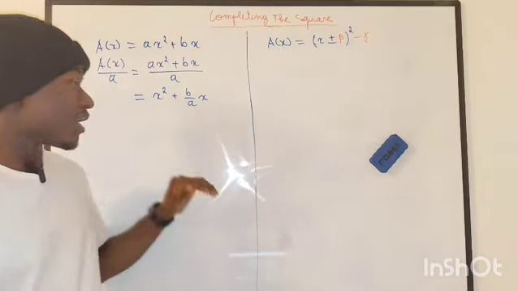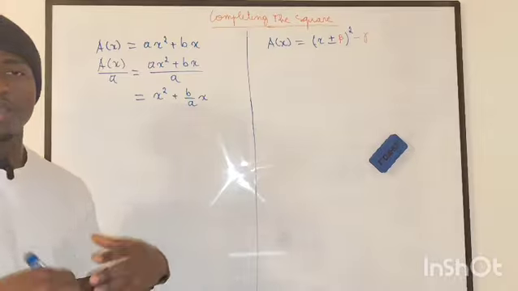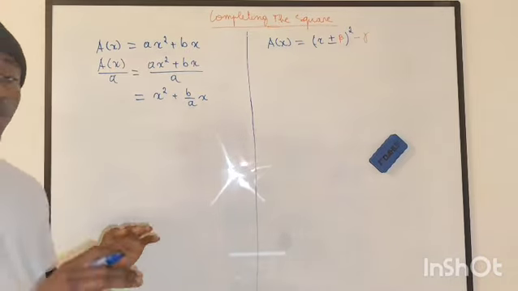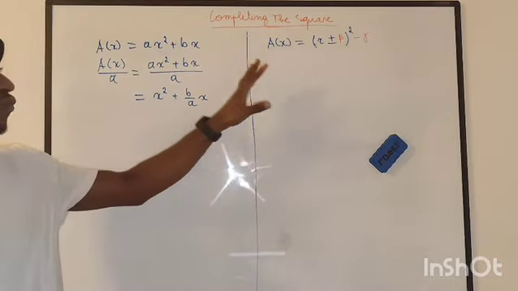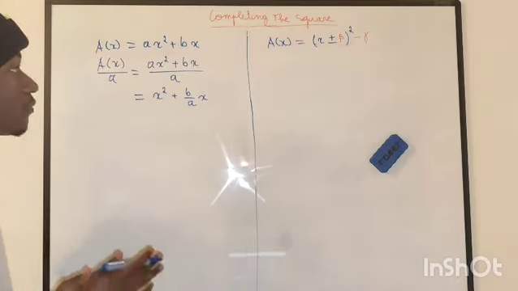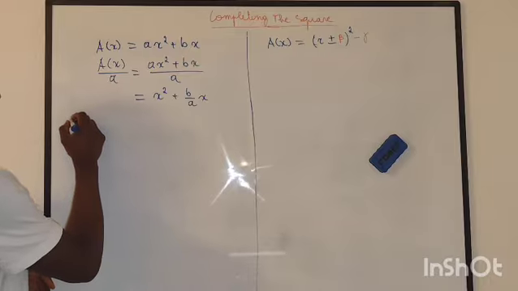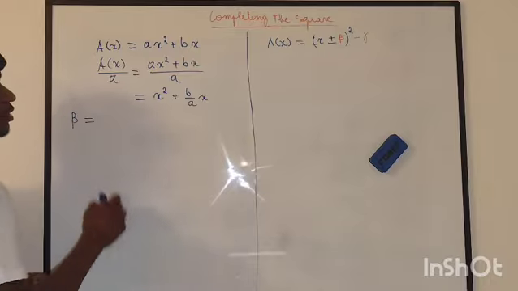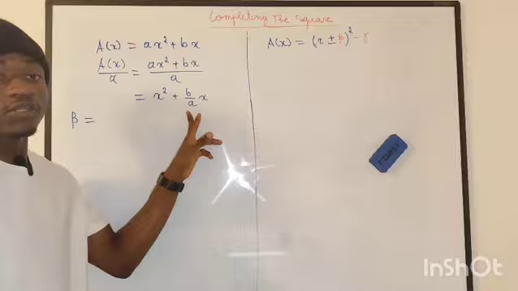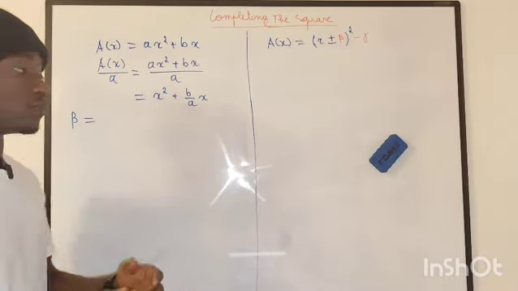Once we reach this step, it becomes really easy, because all we have to do is just read the values for beta and for gamma, and there are specific formulas. Beta is directly the coefficient of x divided by 2.